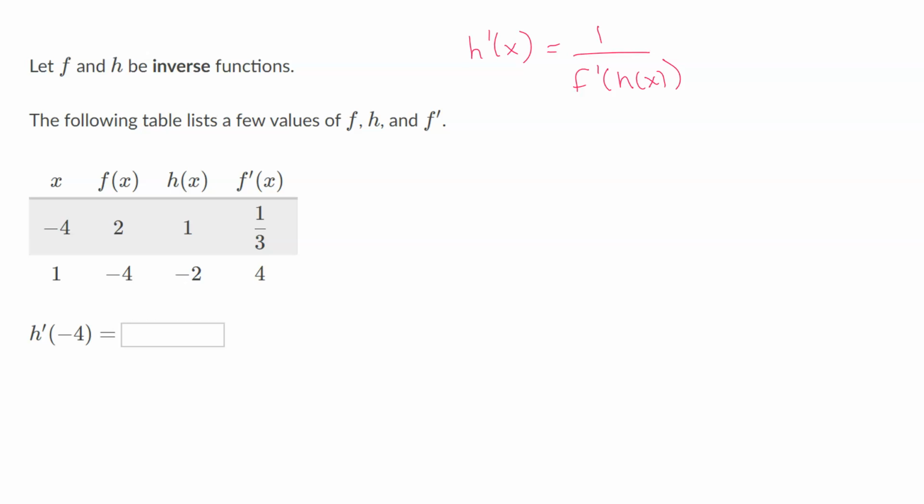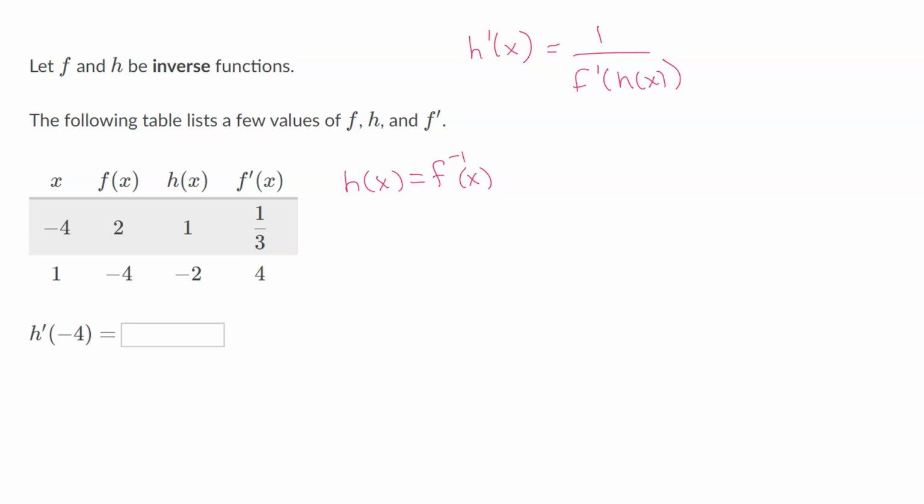For this one, we're told that h and f are inverses. So h of x is the same as saying the inverse of f of x. We don't have to do any swapping of values this time because they were kind enough to give us some values here to work with.